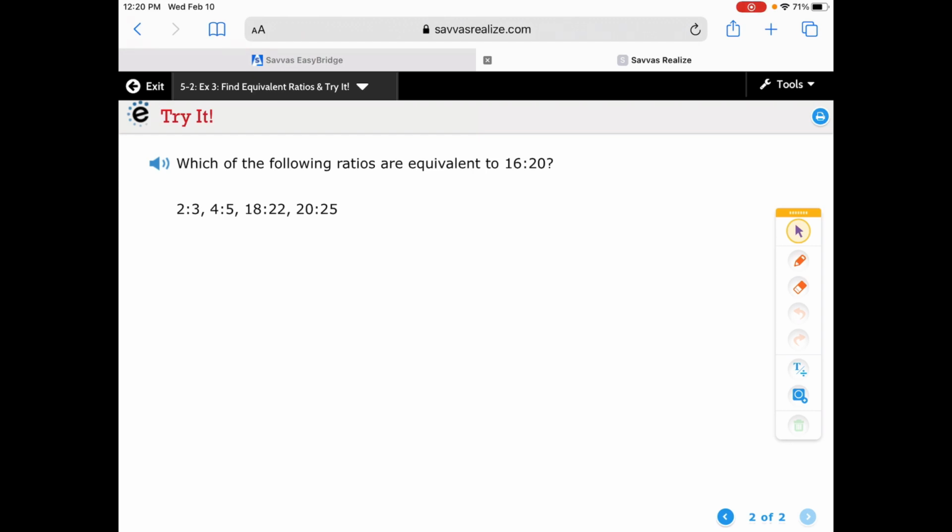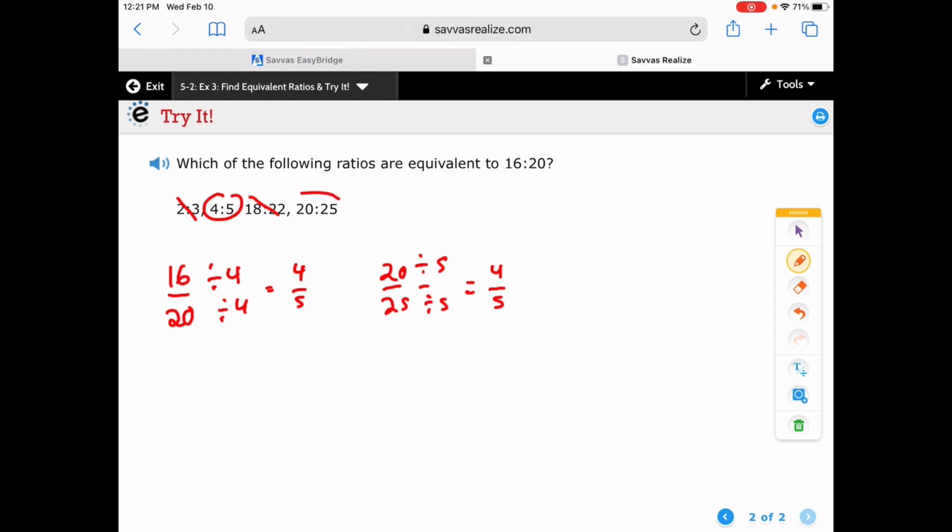So we can see that 4 to 5 will work, because if we take 16 to 20 and divide by 4, that's 4 to 5. 18 to 22 will not work, and 20 to 25, dividing by 5, will also reduce to 4 to 5.